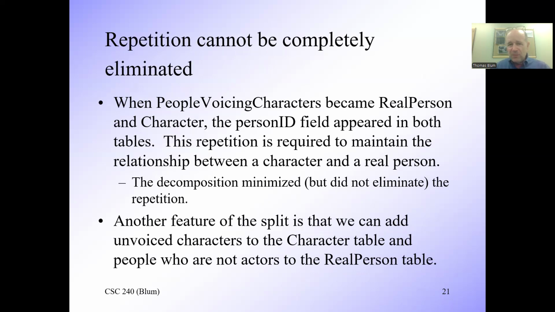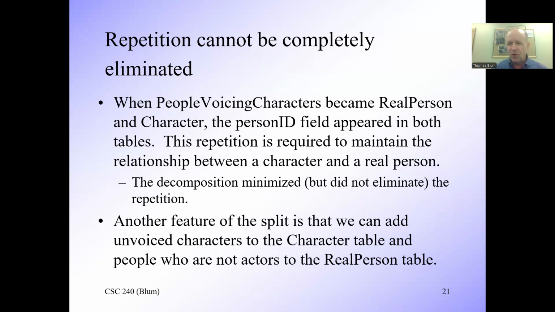Okay, so there is some repetition. That person ID will appear repeatedly in the character table, but that's essential to keep because it maintains the relationship. We can't get rid of all of the repetition because some of that repetition is what provides our relationship.